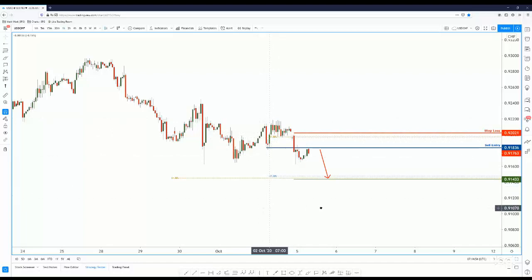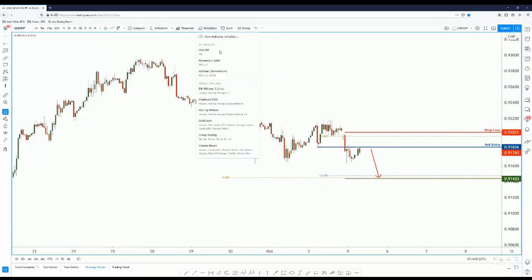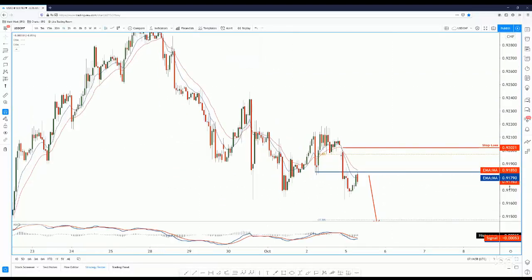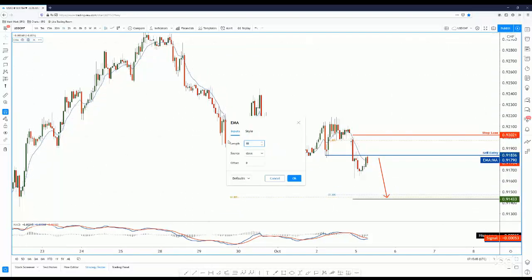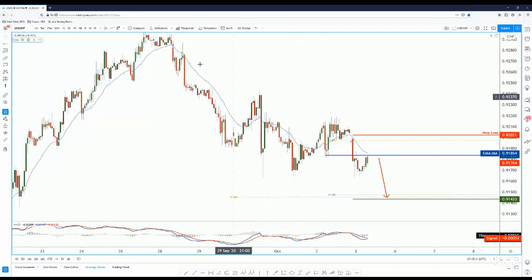Last but not least, what we can do is put in some indicators. We can open up the trend line, moving average, 21. We see that when the market is upwards trending, the 21 moving average holds quite well.